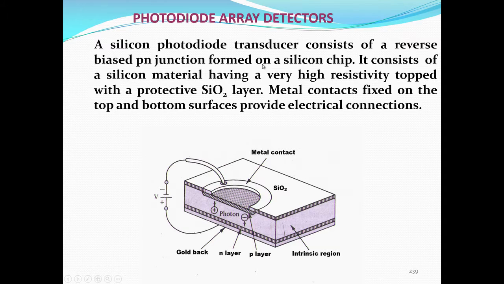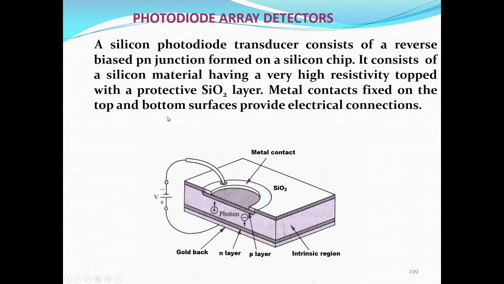A silicon photodiode transducer consists of a reverse biased PN junction on a silicon chip. That is why we have a silicon dioxide chip here. It consists of a silicon material having a very high resistivity topped with a protective layer of SiO2, silicon dioxide.